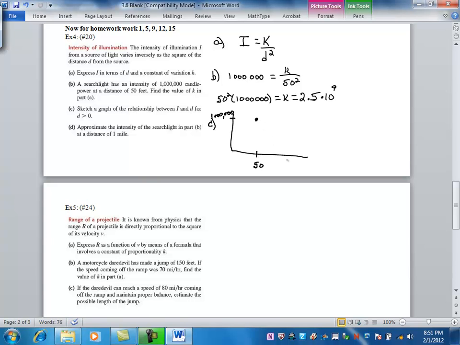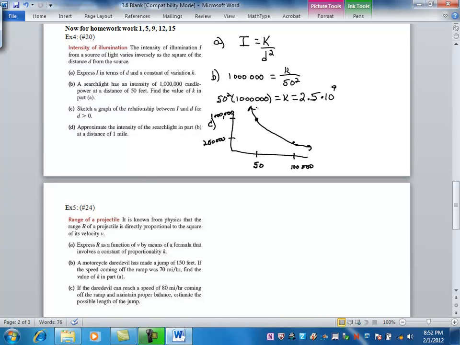And then 100, 250,000. You guys can do this work. Real rough sketch. This is what I'll be looking for in your homework as well.